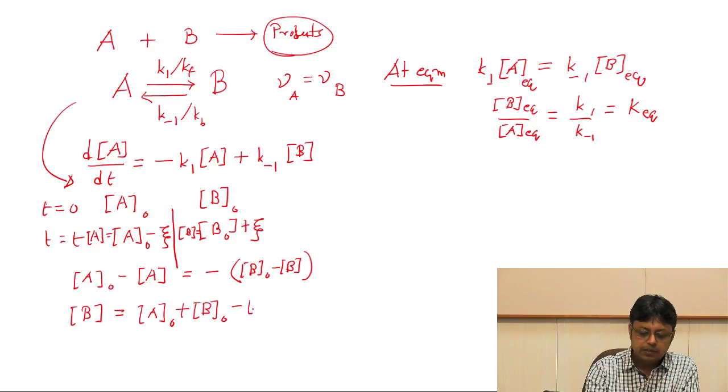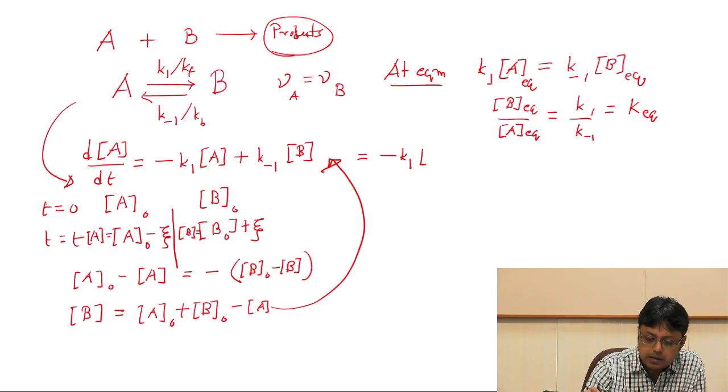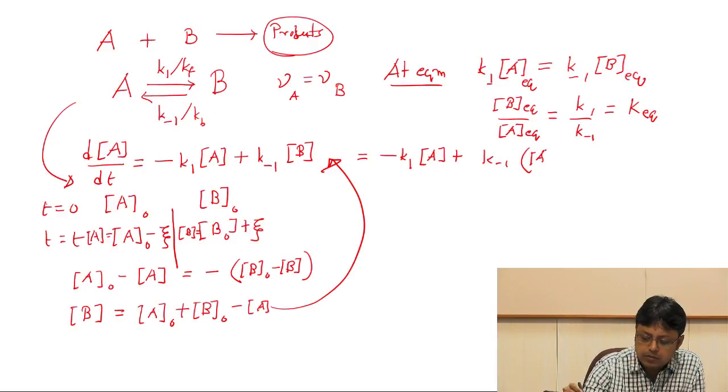Now this expression you can put back here to get an expression of the rate, because since we wrote the rate in terms of dA dt, we have to eliminate B and write B in terms of A. So we write it like this, minus K1 into A plus K minus 1, and instead of B we are writing A0 plus B0 minus A.